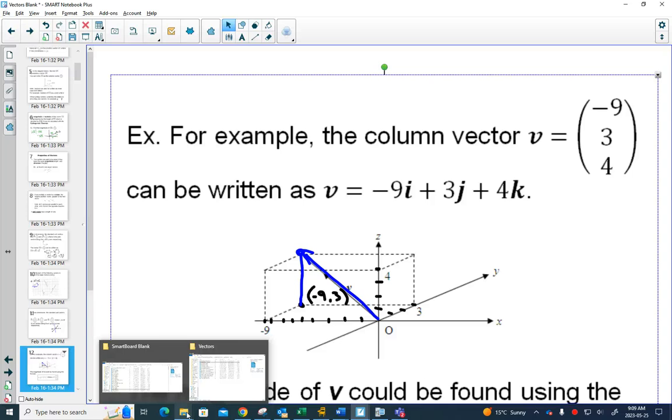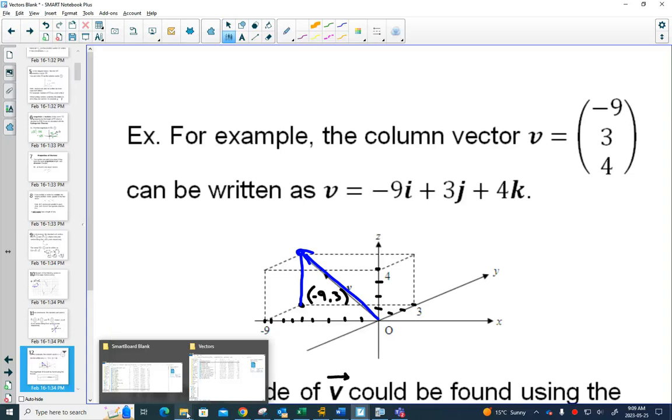Which initially might seem like, oh, is this going to be more difficult? If you wanted to solve this 2-dimensionally, would you agree that you could do a² plus b² equals c² to find the distance from 0 to -9, 3?